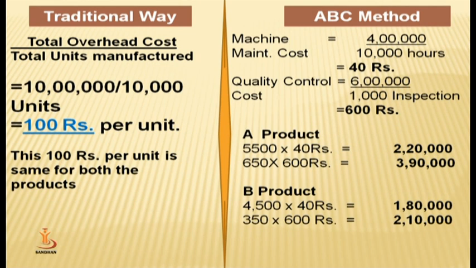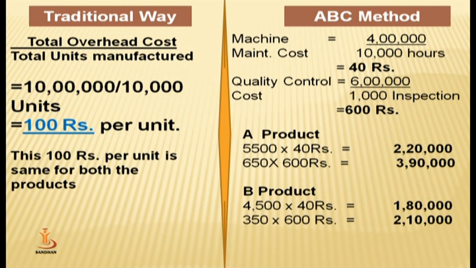Whereas in the ABC method, first of all, as we have identified two activities, machine maintenance and inspection, we find the machine maintenance rate. Machine cost is 4 lakh divided by 10,000 hours, so 40 rupees. Quality control cost is 6 lakh divided by 1,000 inspections, so 600 rupees.